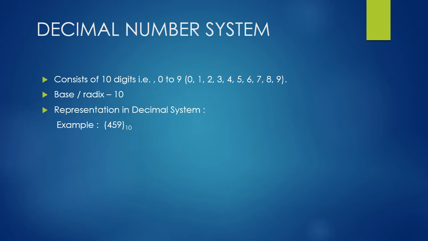As you can see, we write the number within brackets and then we write 10, which is the base of decimal number system. We write the base as 10 together with the number just to represent that this particular number belongs to decimal number system.